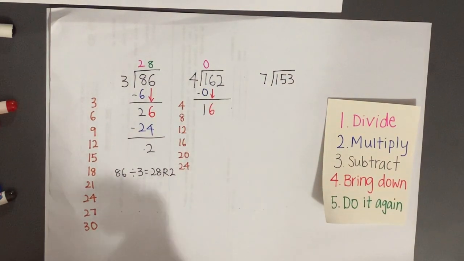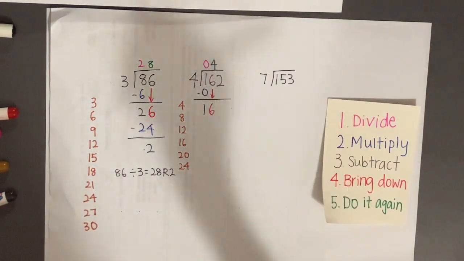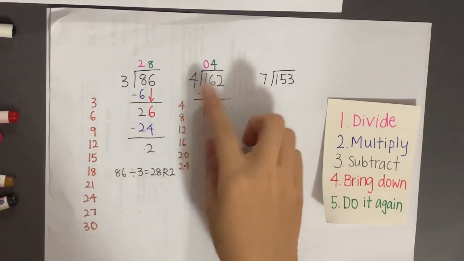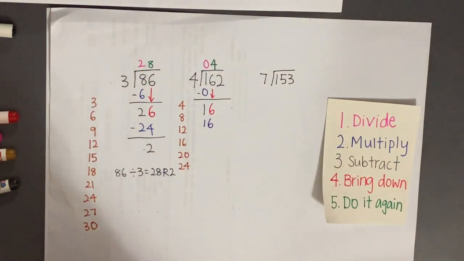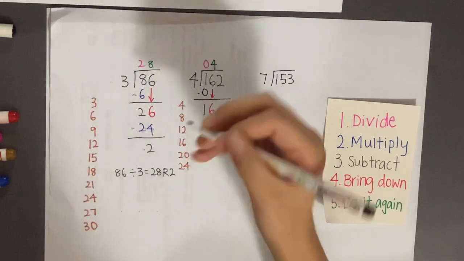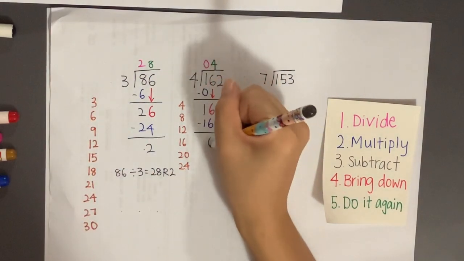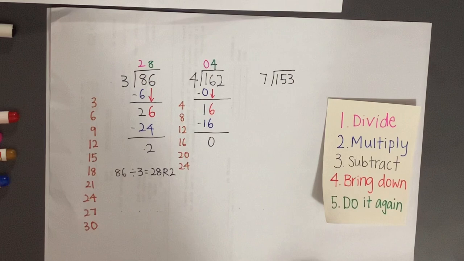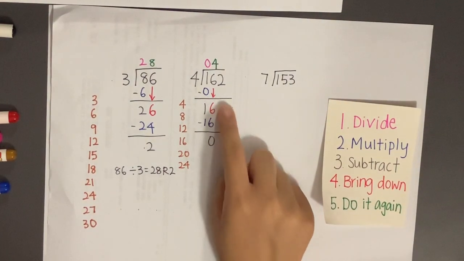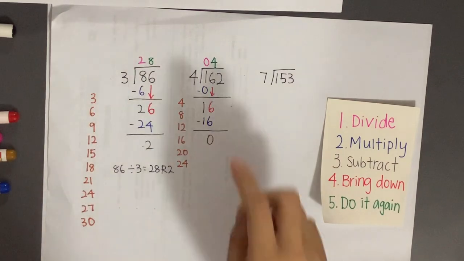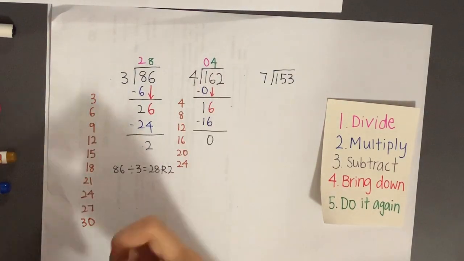So 16 divided by 4 is 4. 4 times 4 is 16. If I subtract, I'll get 0. Do I stop here? No, because I still have a digit in my ones column. So I still have a 2, I need to bring it down.